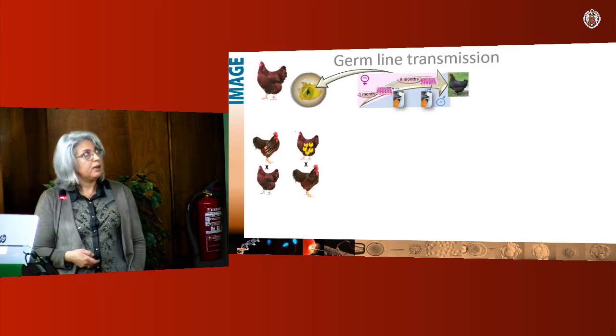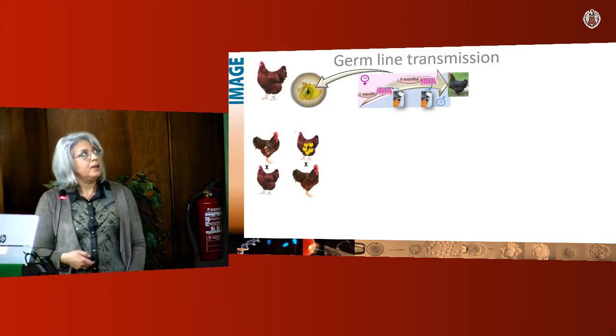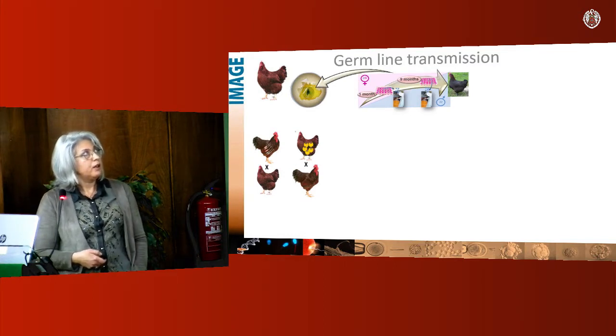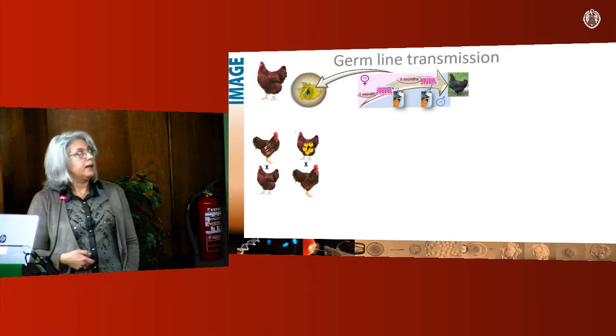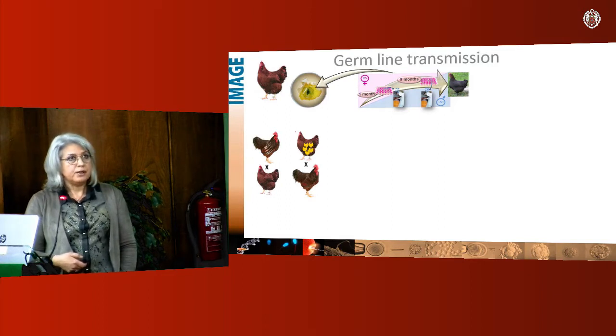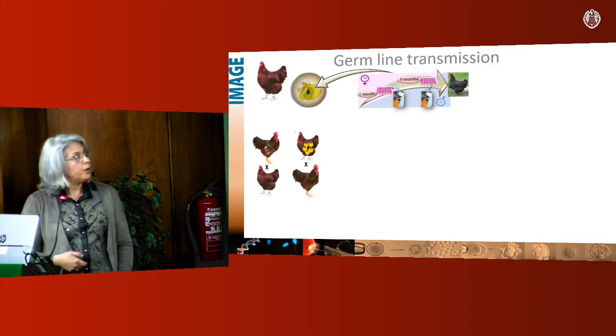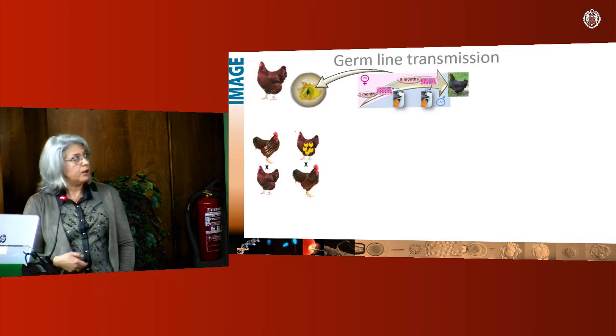Finally, we studied germline transmission of our PGC cultures, and for this we injected male and female Noir de Berry long-term and short-term cultures into Rhode Island host embryos, and obtained in this way male and female germline chimera birds, which were crossed with Rhode Island hens and roosters.